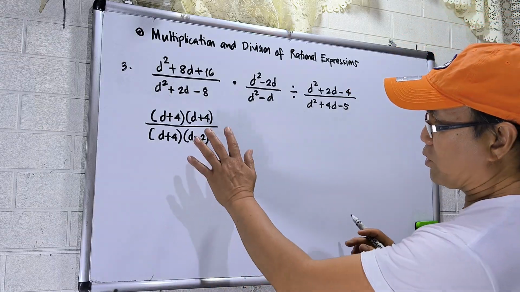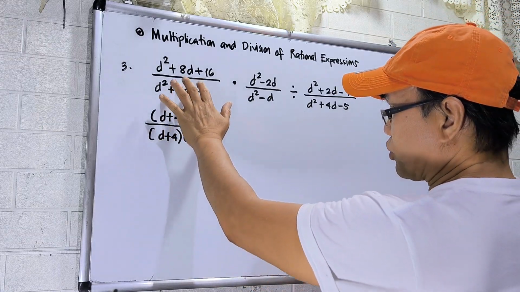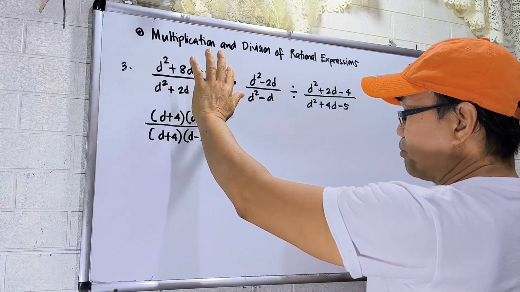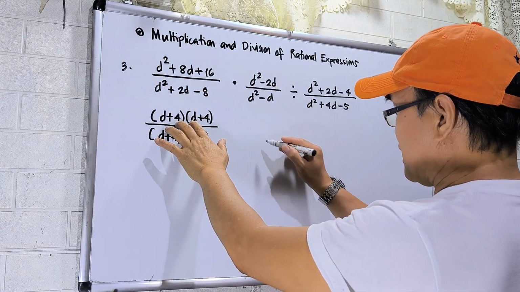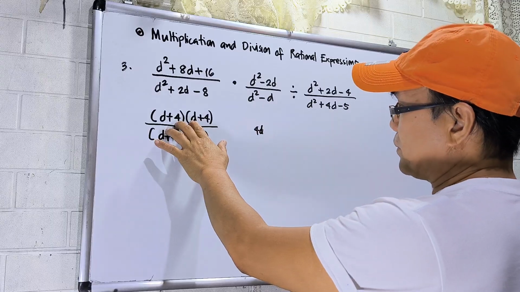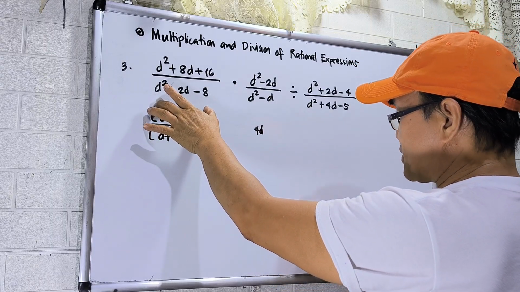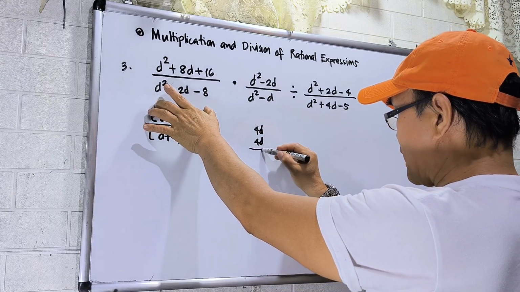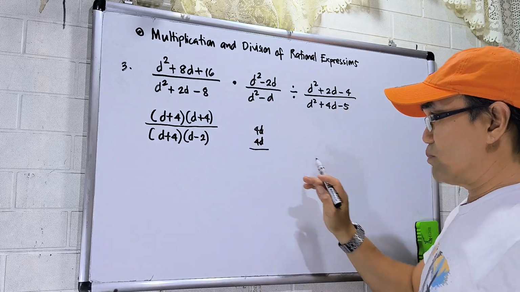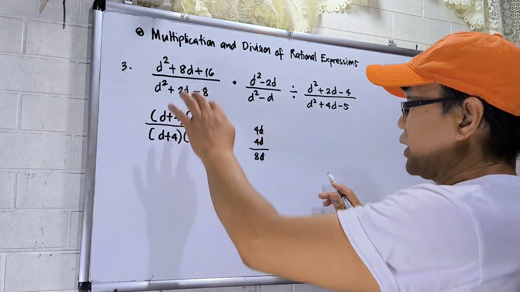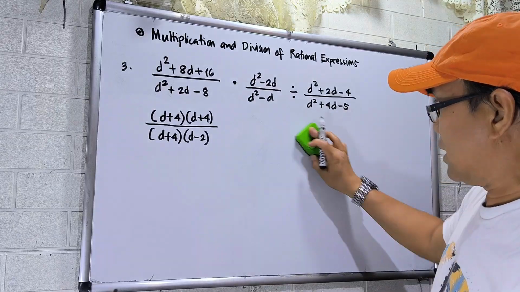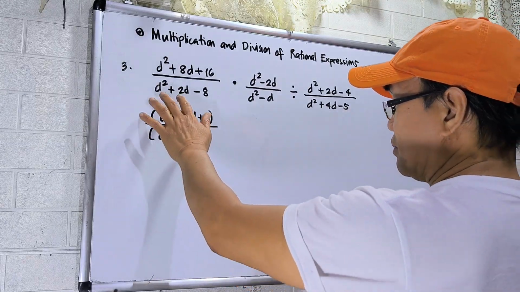Let us check the numerator. To come up with the middle term: 4 times d is 4d, then 4 times d is 4d. Take note, they have the same sign, so positive, so add. 4 plus 4 is 8d. Correct.